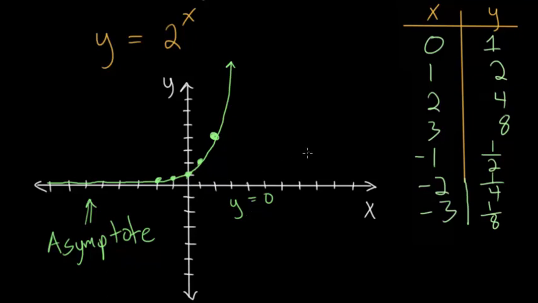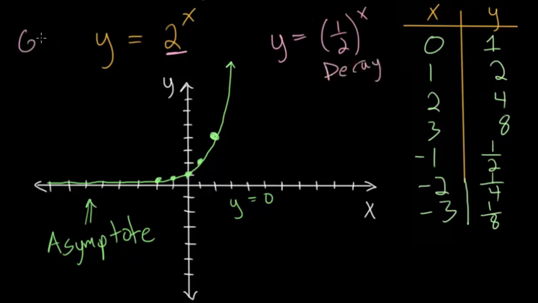So this function here exhibits what we call exponential growth. But we could also look at a very similar function if we had 1/2 to the x power. So now our base is less than 1, though it always has to be bigger than 0, or else you deal with imaginary numbers. But if it's between 0 and 1, this is what we call exponential decay.